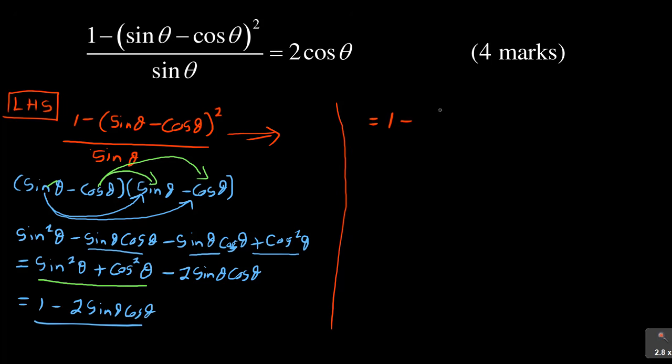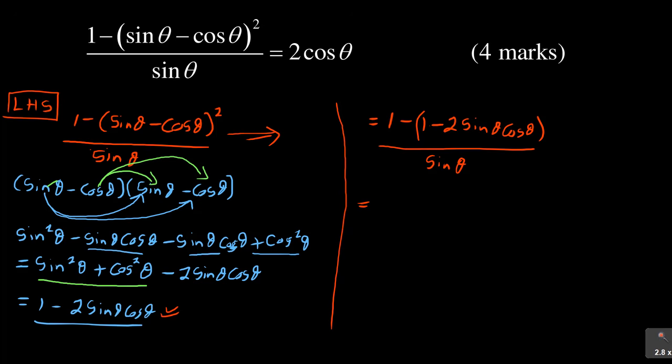I'll have 1 minus, where there was this bracket with a square, now I'm going to write that part, which is 1 in brackets now, 1 minus 2 sin theta cos theta all over sin theta, which is equal to, now I have to distribute this negative.